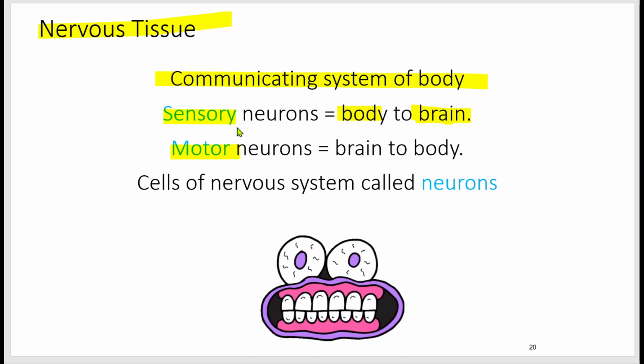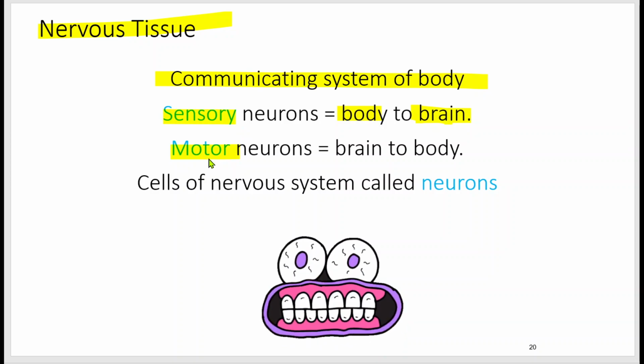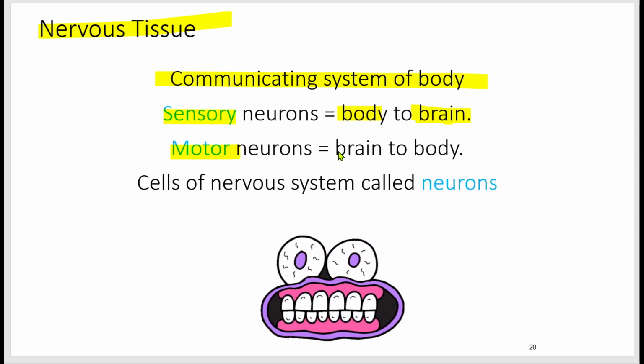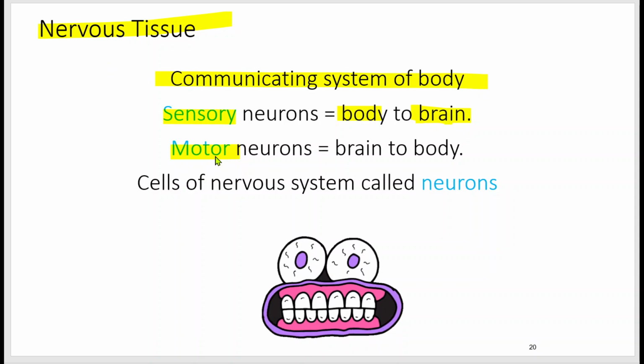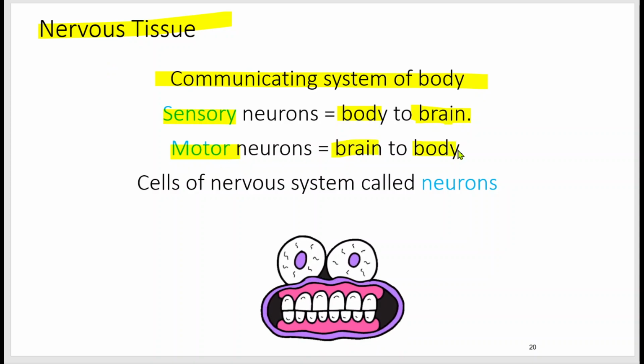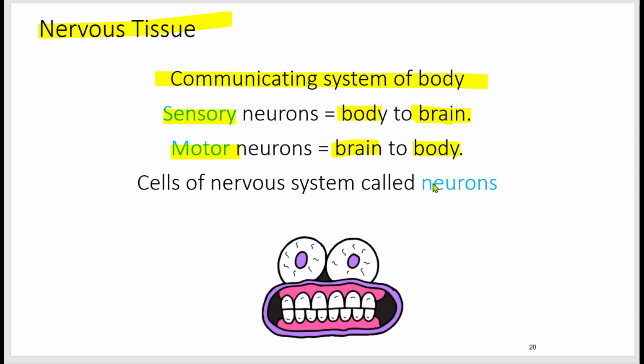And then because your brain now got it, and you need to move your hand out of the heat, a motor neuron would actually do that. Part of the nervous tissue would give the instruction from the brain to the body to move the hand, and that's why these are sensory, these are motor.